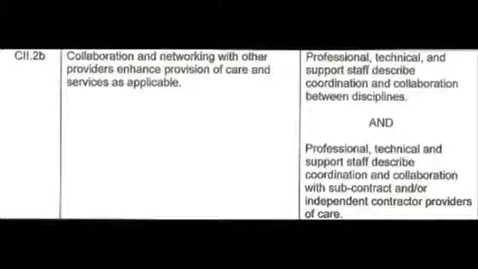We're on page 18 of the CHAP Hospice Interview Guide that you've been given. Near the bottom, the next to the last one, is a core regulation, C2.2B: collaboration and networking with other providers, enhance provision of care and services as applicable.